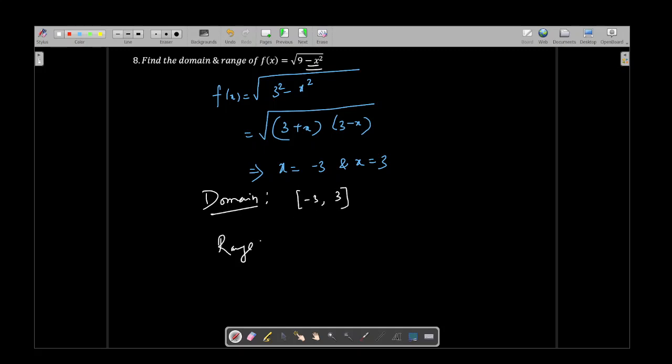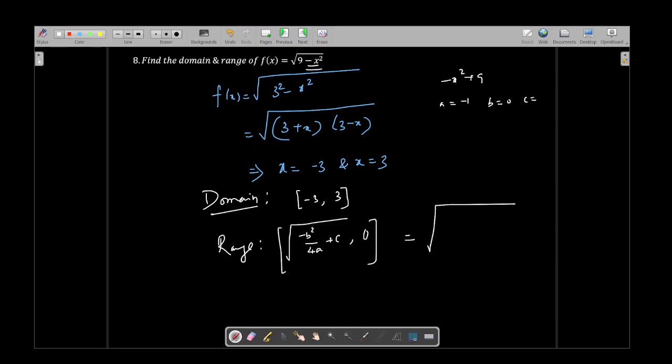Range is, since it is looking down, square root of minus b square by 4a plus c comma 0. Here minus x square plus 9 is the equation. A is minus 1, b is 0, c is 9. So minus b square by 4a is 0. Square root of c comma 0.